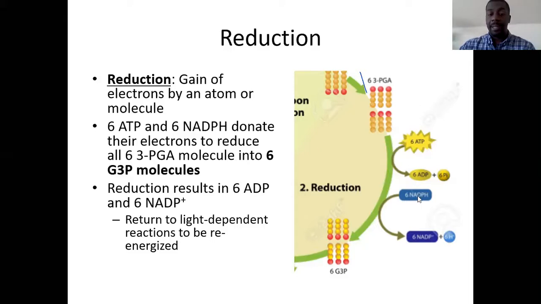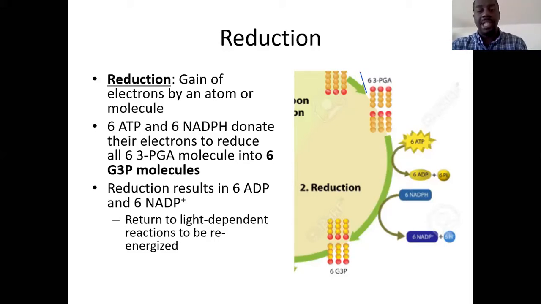NADPH will end up getting converted to NADP plus and a hydrogen ion. Those molecules, the ADP and phosphate and the NADP plus and hydrogen ion, are then going to go back to be used for the light-dependent reactions.